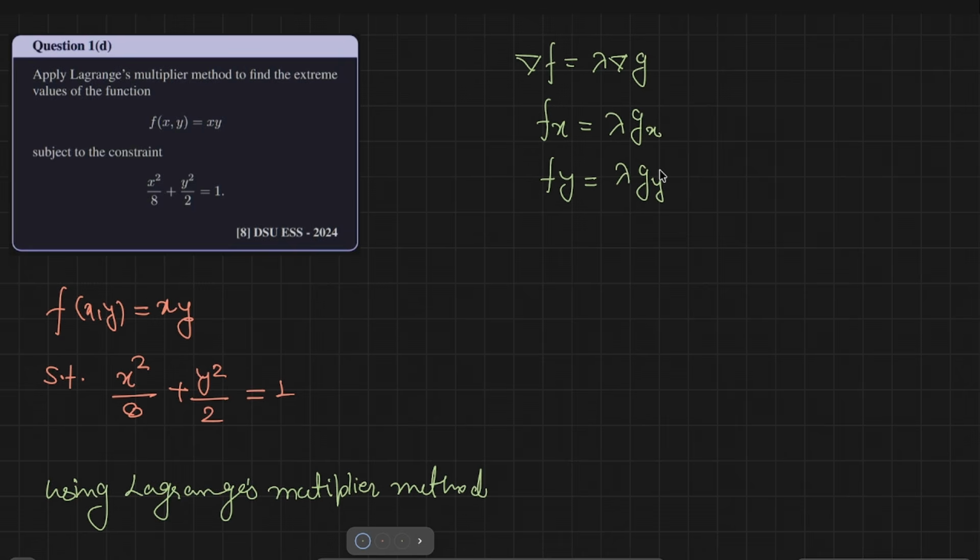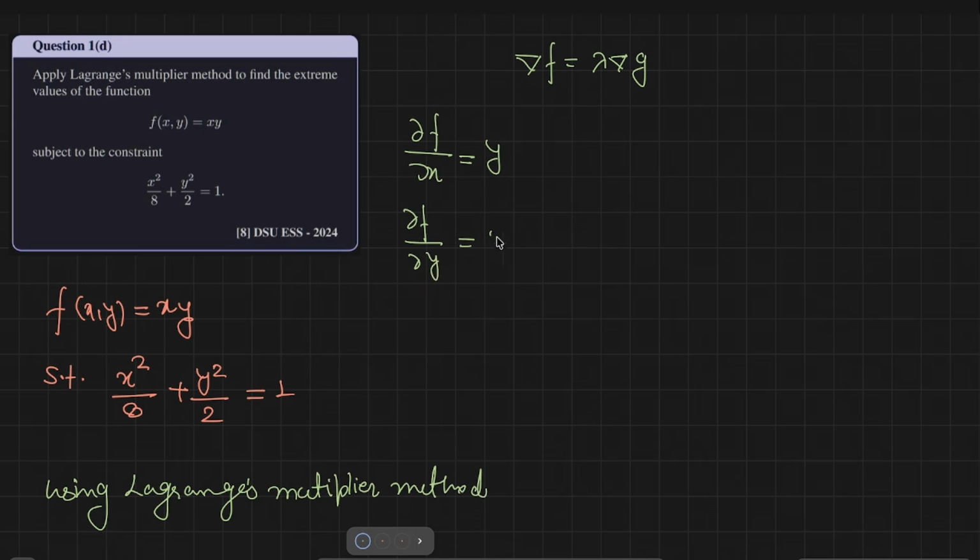What do you mean by this? First of all, we'll find the partial derivative with respect to x. The partial derivative of f with respect to x is y, and the partial derivative of f with respect to y is x.